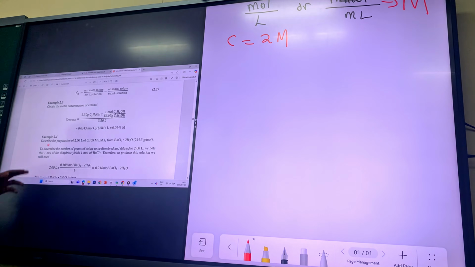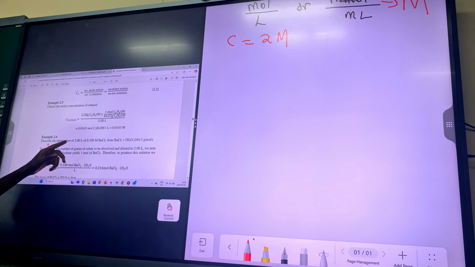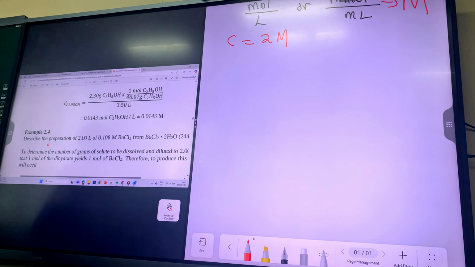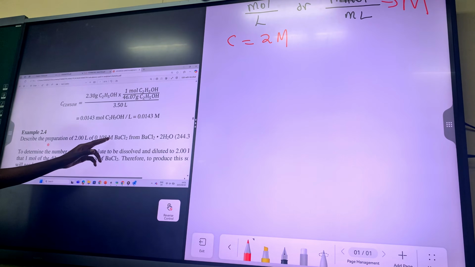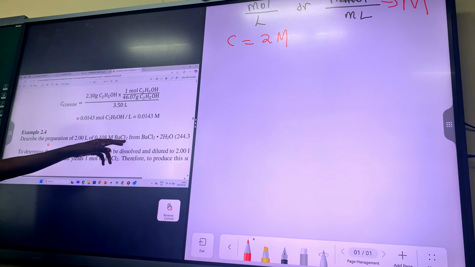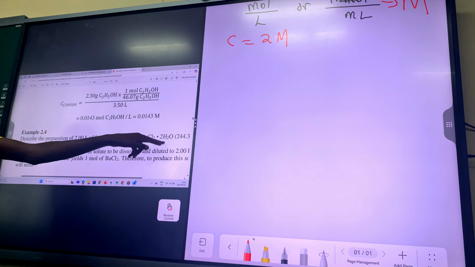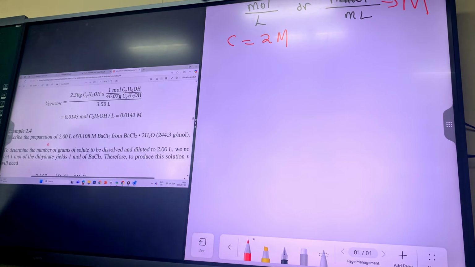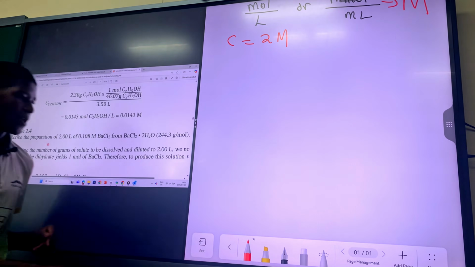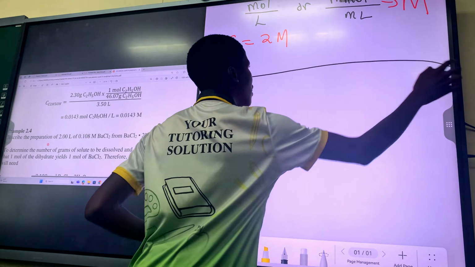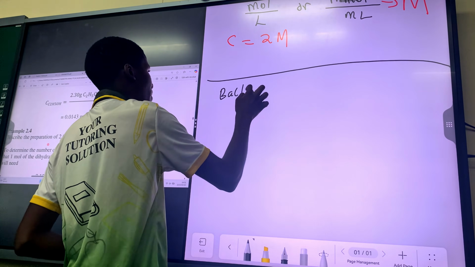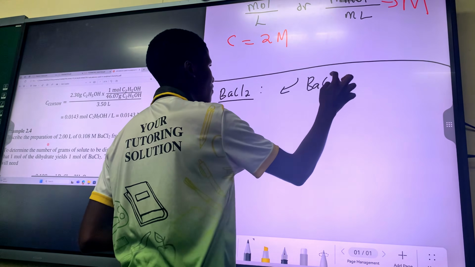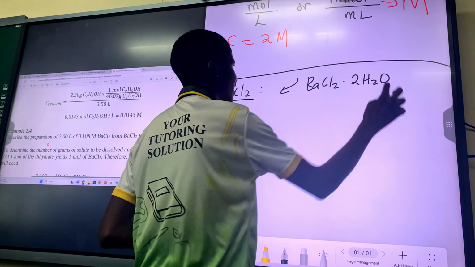a certain solution. For example, here they say: describe the preparation of 2 liters of 0.108 molar barium chloride from barium chloride dihydrate with a molar mass of 244.3 grams per mole. So we are trying to prepare barium chloride from barium chloride dihydrate.